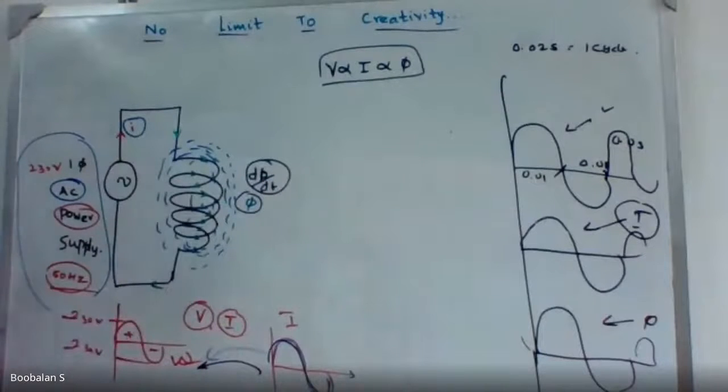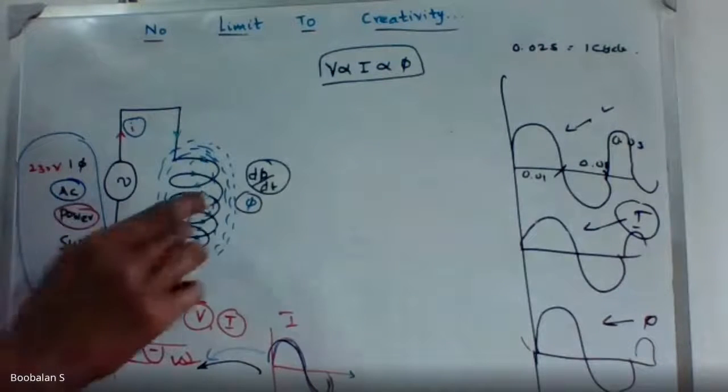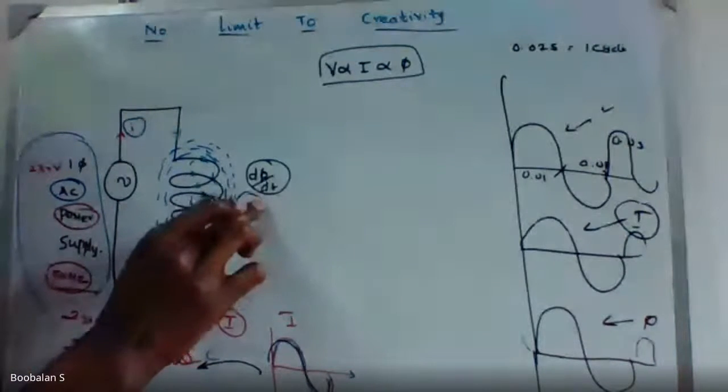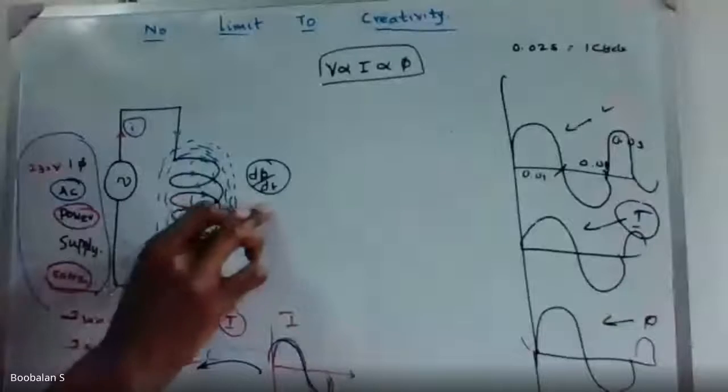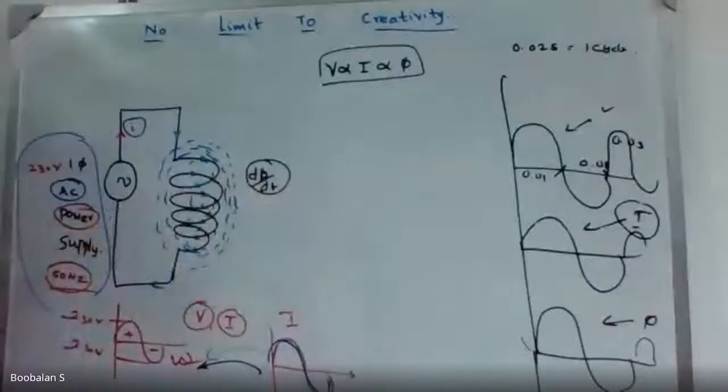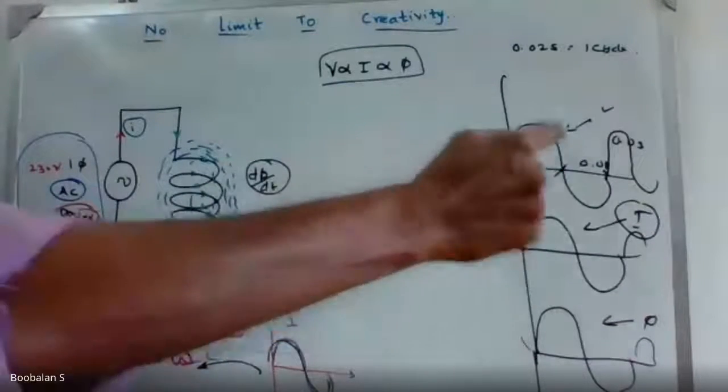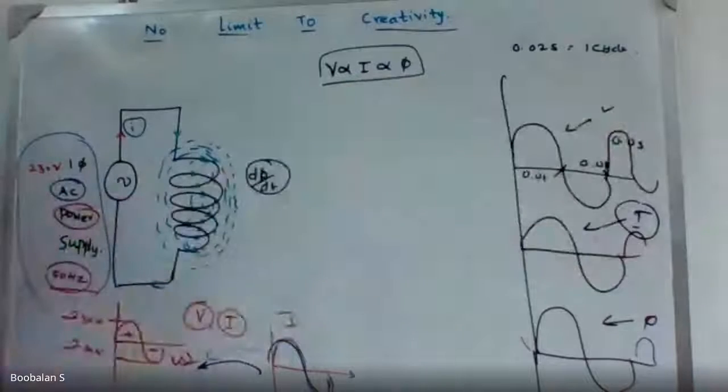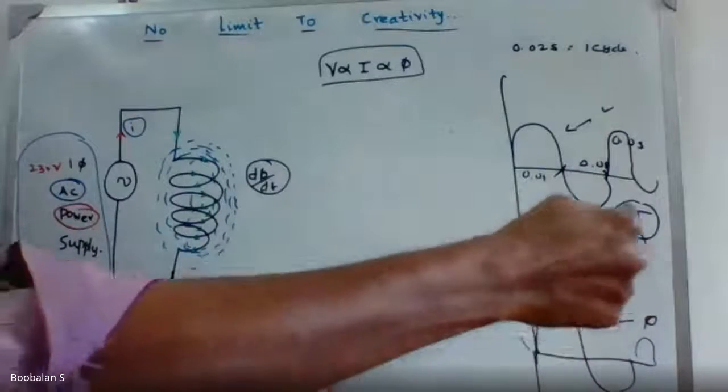Just to get an idea, I'm going to stop somewhere here, then only you will be able to have an idea. Is there any doubt? Because of the input power supply nature, dφ by dt is now going to happen. Any doubt in this? Why is dφ by dt happening? Because my input power itself is changing with respect to time. So the voltage is also changing with respect to time.